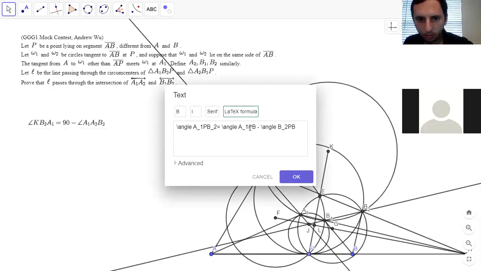No, it's 180 minus B2 PB, and minus A1 PA. B2 PB minus A1 PA. Okay. Yeah.